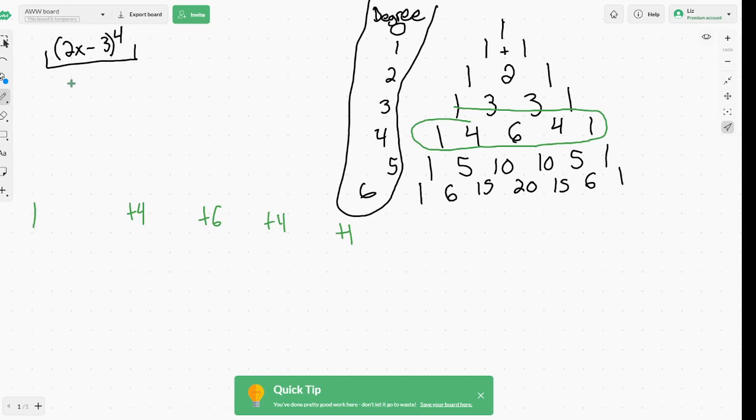The next step, I'm going to look at this term here, and I'm going to start from the left, and I'm going to raise it to whatever power the binomial is being raised to. And then I'm going to take away 1 each time.